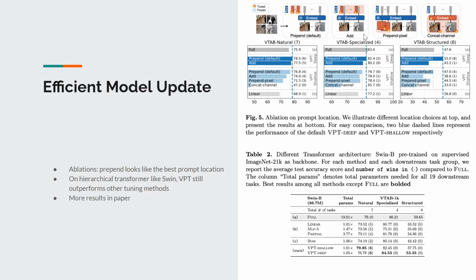On ViT we beat full fine-tuning. On Swin we did not, but we still beat most of the other fine-tuning approaches. You see, 53, 59, 54, 86, 86. So we did not beat them.